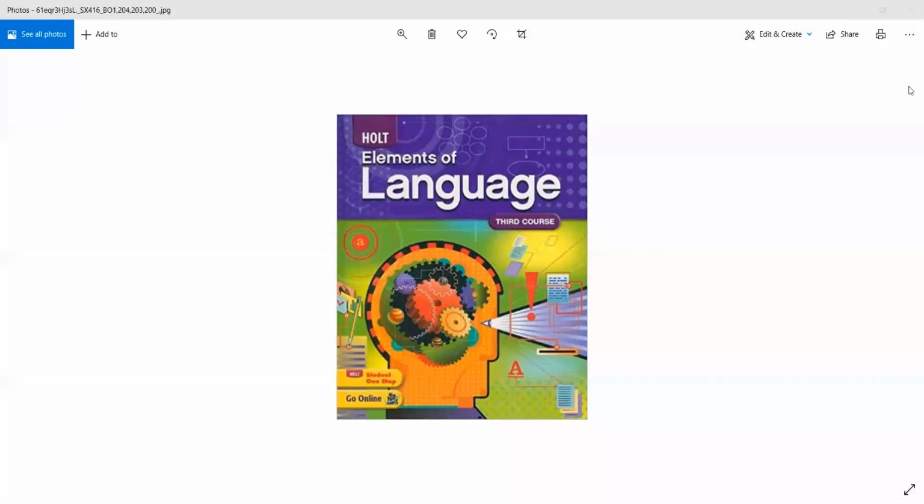Do you have your book? Miss, I have it, but I don't know the page. Page 316. Exercise 2. Oh, yes, I found it. Okay, number one. What would be the correct way?